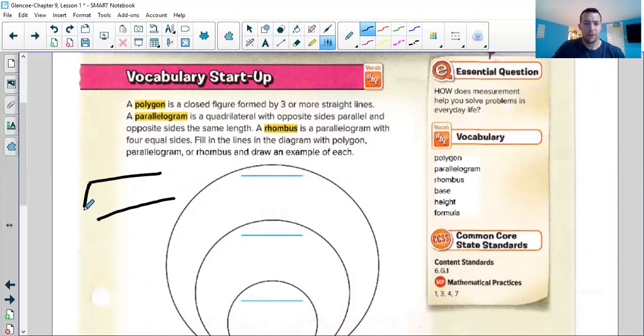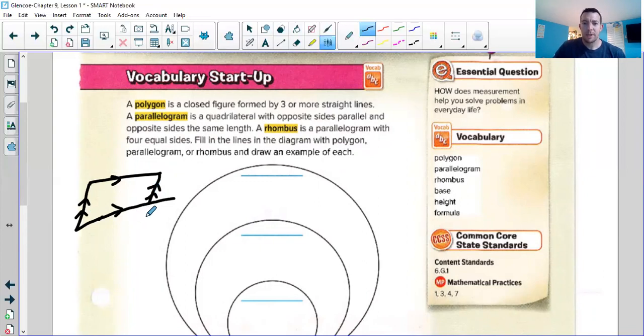So we would have that and that. All right, so this and this are parallel, and this and this are parallel. And we can show that with just a little arrow here saying that and that are parallel, and that and that are parallel. So that's a parallelogram.